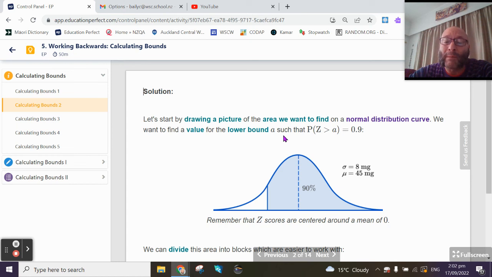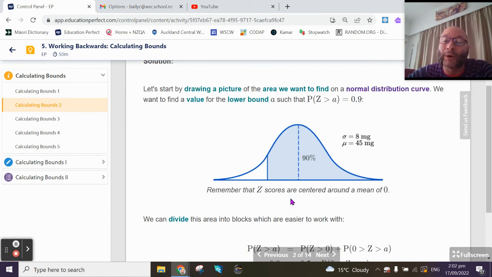Now, knowing what we know about the shape of the curve and what our table can tell us, if this is the top 90%, of course, there's 50% above the mean. So that means from the mean down to this point will be 40%. That is the probability.